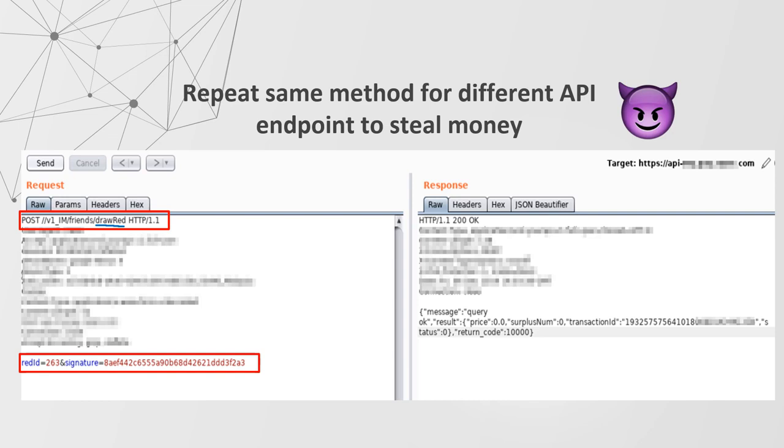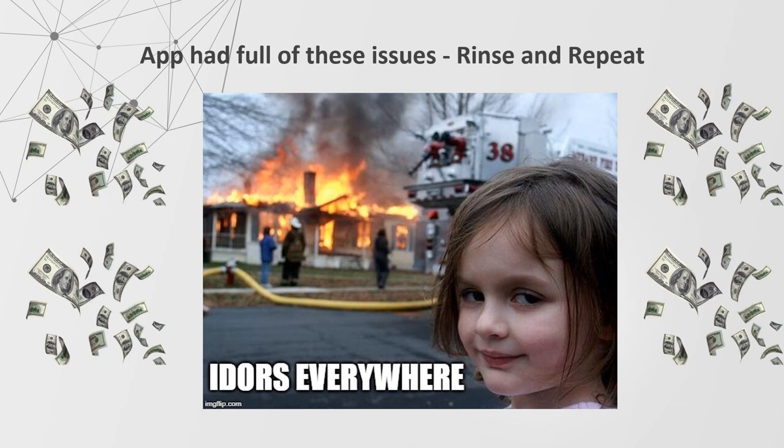As we know which packets are available to steal, I could use the same concept of generating a signature for a corresponding red ID value and then use it to perform this action to steal other users' red packet money. Nice. It seems that many sensitive endpoints in the app were vulnerable to this.